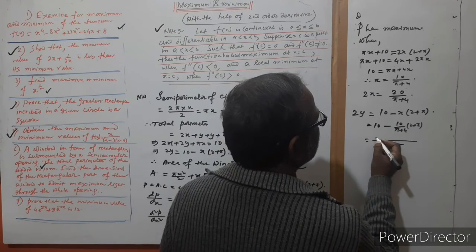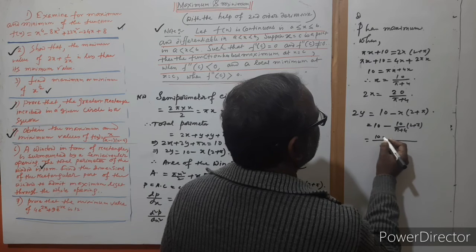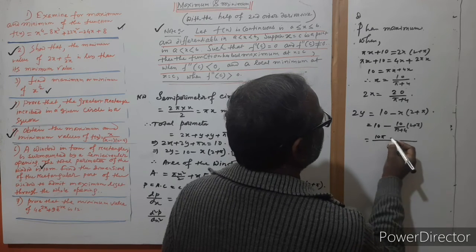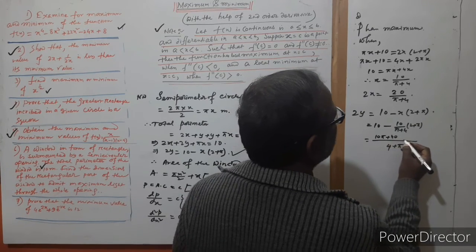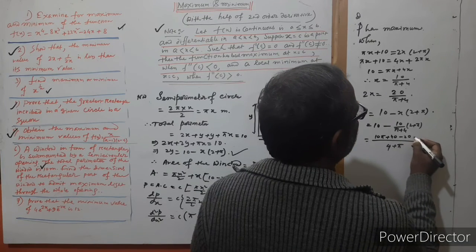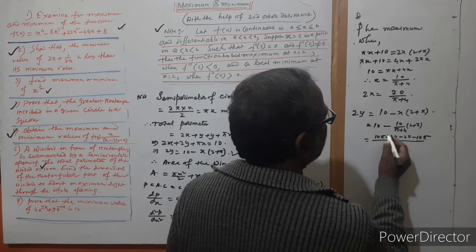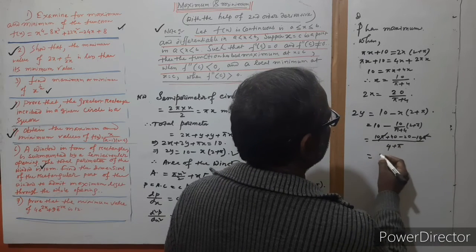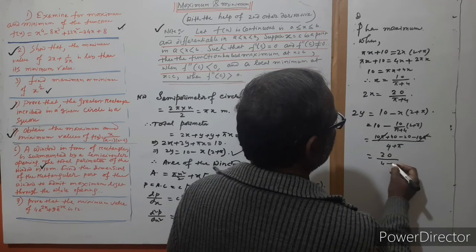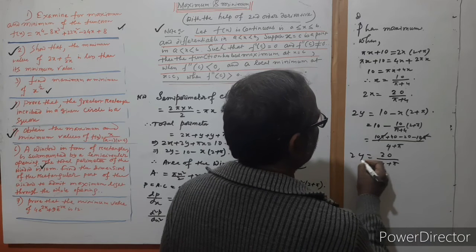And that is 10 pi plus 40, then 20 and 10 pi. Okay, these 10 pi are cancelled. So 20 by 4 plus pi here, this is twice y.